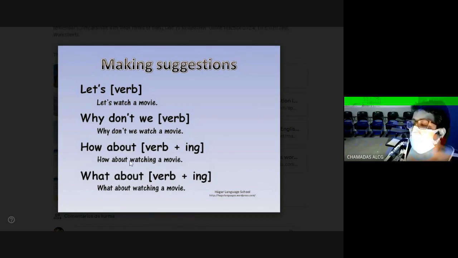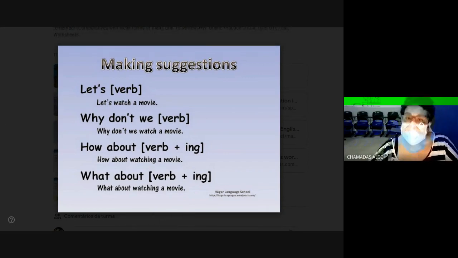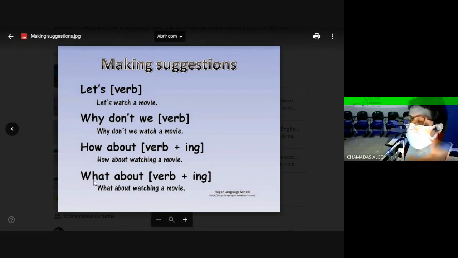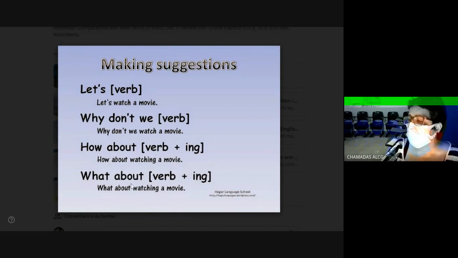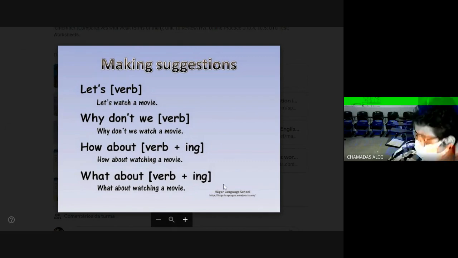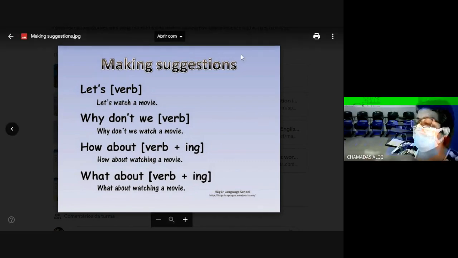Okay? So how about watching a movie? Or how about going to the Grand Canyon. All right? And here, what about, which is the same. What about watching a movie? What about going to the Grand Canyon? Okay? Or what about going to Las Vegas? Okay, people. So this is a very nice summary of making suggestions in English.